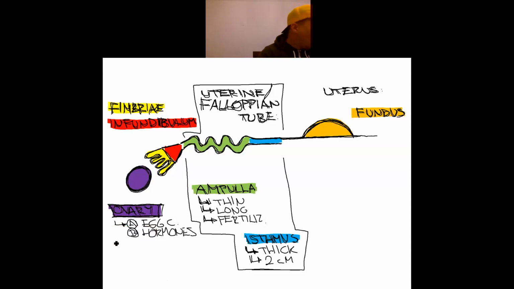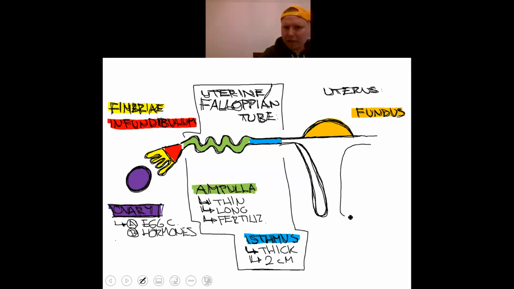Then the major part of the uterus is going to be our body of the uterus. So I'm going to add that to this diagram on both sides. Obviously you'll see that I've only drawn one side of the female reproductive tract, since the right and left side would be symmetrical in this diagram, so I'm not taking the time to draw it again.